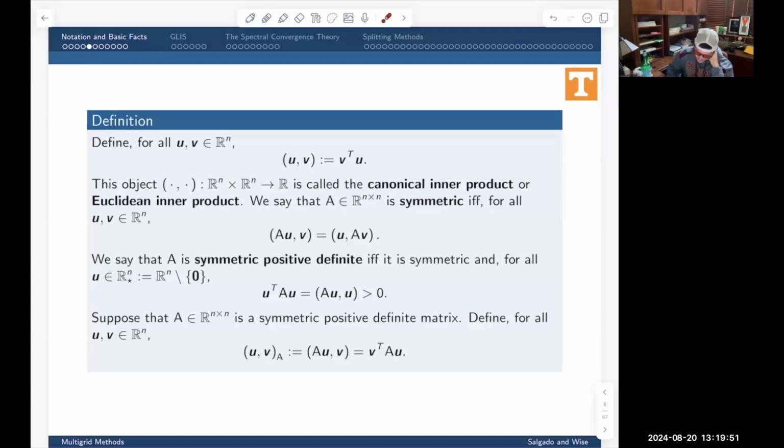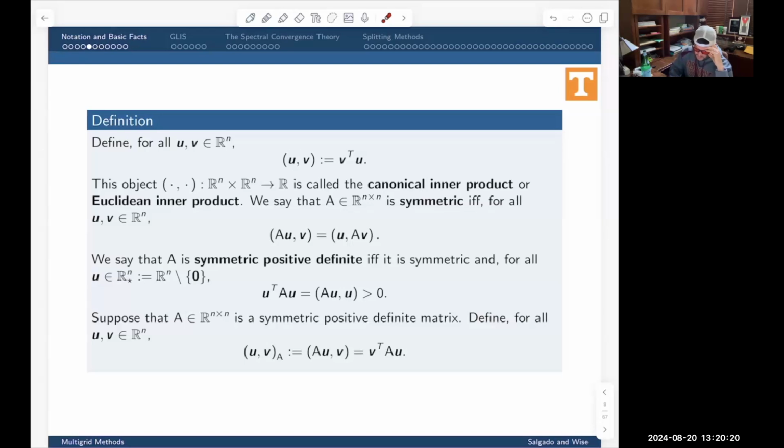We say that A is symmetric positive definite if and only if it is symmetric in this sense, and for all u that are not the zero vector, u transpose AU, which is the same as AU, U in the inner product, is strictly positive. That's the pretty standard definition of positivity.